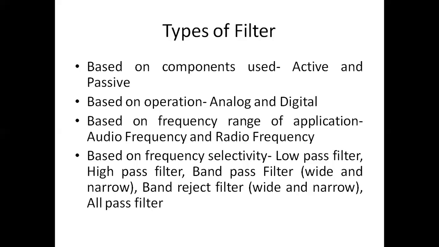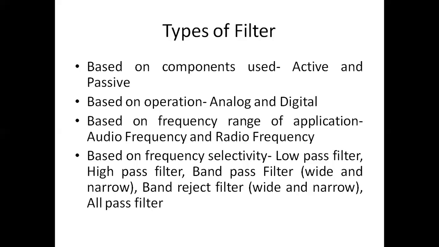Based on operation, the filter can be analog or digital. An analog filter is one which works on analog signals using analog techniques. A digital filter is one which works on analog signals but using digital techniques. Then based on frequency range of application, it can be audio frequency filter or radio frequency filter.